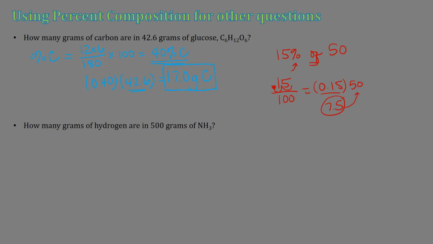So anytime you want to take a percentage of something, you just move the decimal back 2 places and then multiply that by what you want to take the percent of.